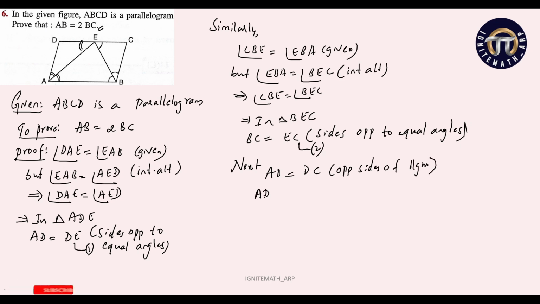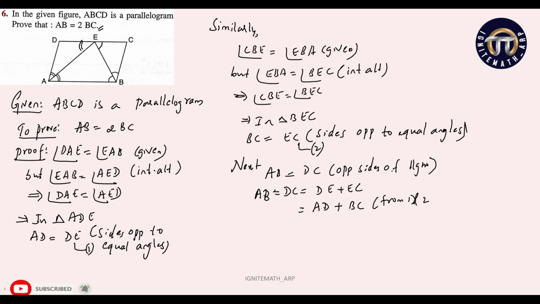So I can write AB is equal to DC, and DC can be written as DE plus EC. Clear? Now can I write DE is same as AD? EC is same as BC, that is from 1 and 2.